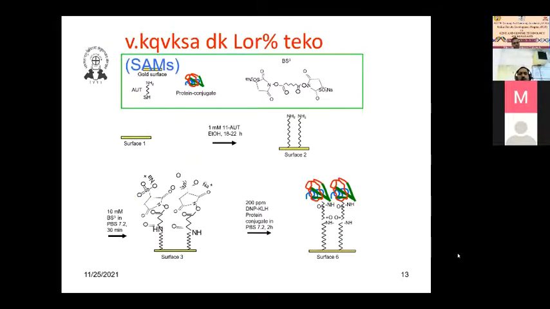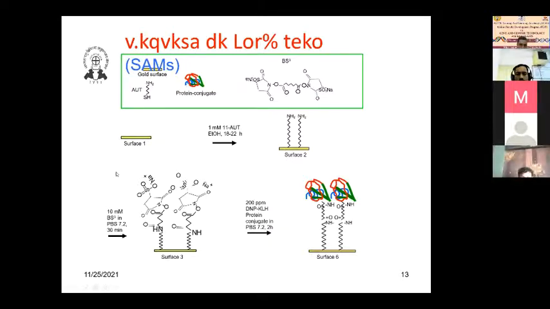So this is the one way we are now moving. This diagram is particularly for the surface plasmon resonance sensor. Here we have a gold chip. Suppose you think of a glass substrate with a gold film over it.